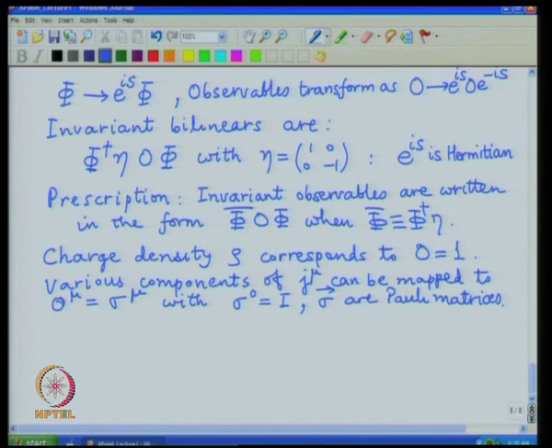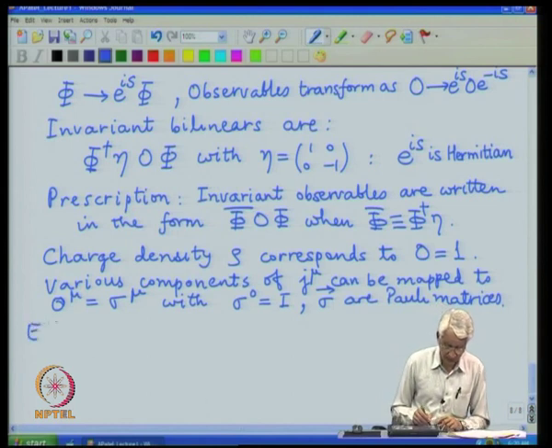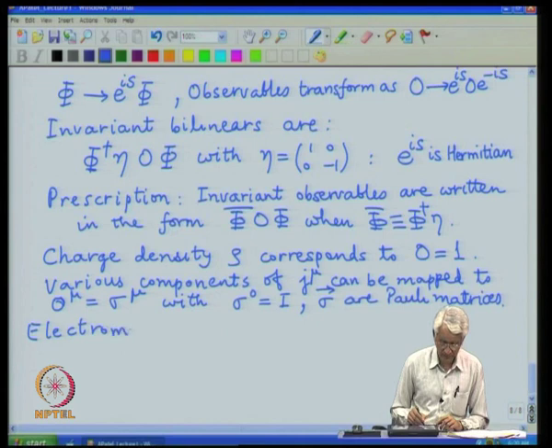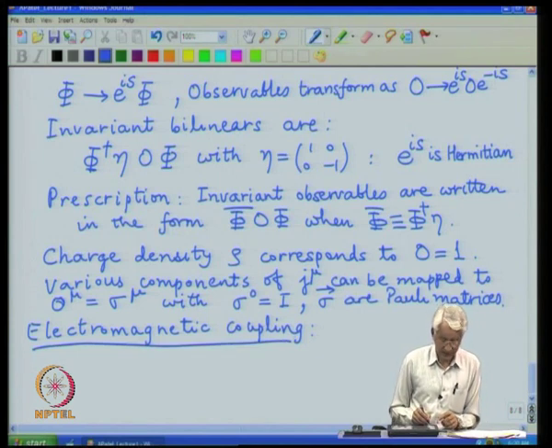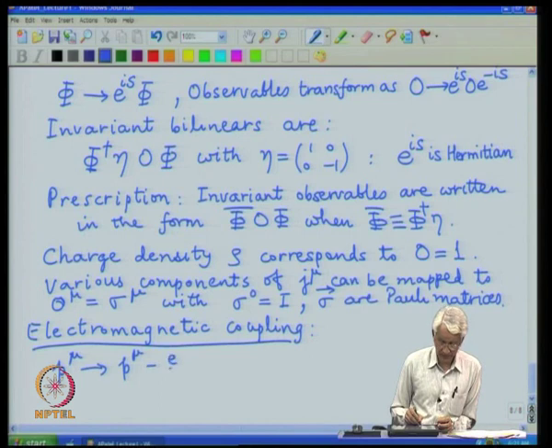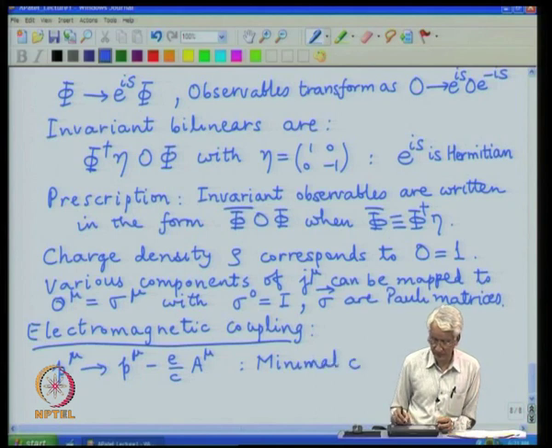We will deal with the general formulation a little bit later, but the simplistic prescription needed right now is that the electric field is introduced in this differential equation by a very simple substitution, where the momentum is replaced by P mu minus e by c times the gauge potential, and this prescription is called minimal coupling.